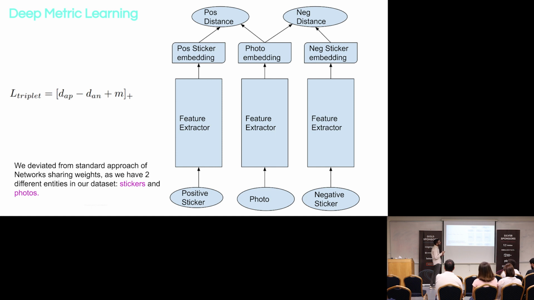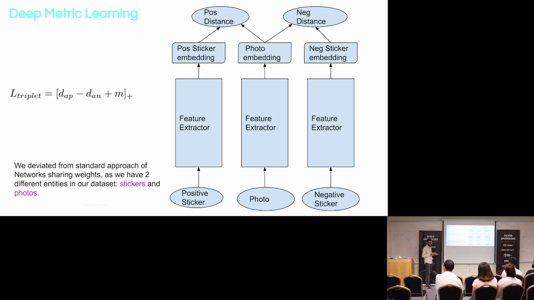We calculate the embeddings, and from the positive distance we subtract the negative distance, add some margin, take the ReLU, and this is the loss. This is a standard thing in metric learning, and where we deviated from the standard approach is that in the standard approach, all these networks are copied and share the same weights. We deviated from this: the two sticker networks share weights, but the photo and sticker networks differ.